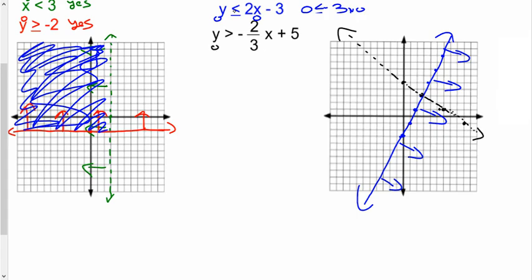Putting in 0 for both x and y. We get 0 is greater than -2/3 times 0 is 0, plus 5 is 5. Is 0 greater than 5? No. So again, we're going away from the origin, which in this case is the upper side. And then you are going to shade only the final solution, which is this quadrant over here.